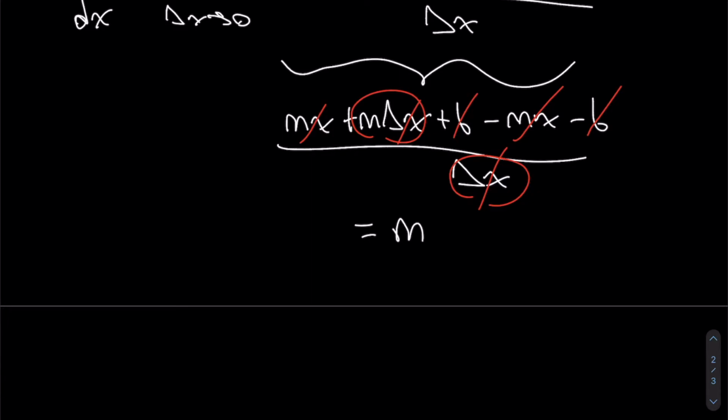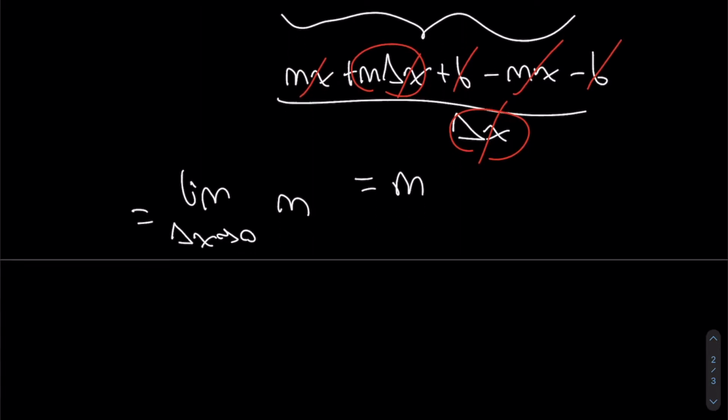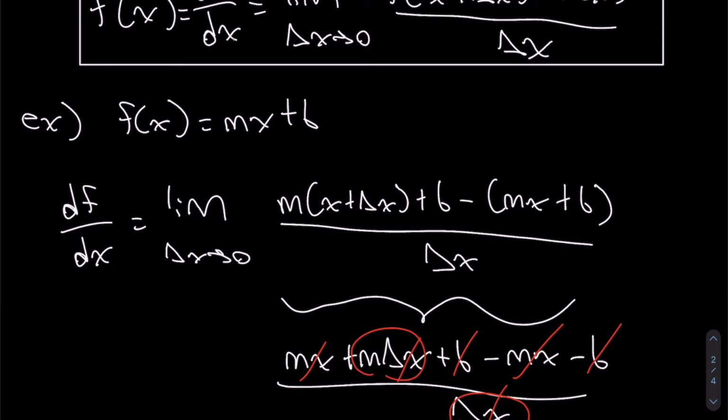So this becomes the limit as delta x approaches 0 of m. And if you just plug in delta x equals 0, and delta x appears nowhere in this expression, so this would just become m. So the slope of a line is m, just as you would expect if you remember your early high school math.